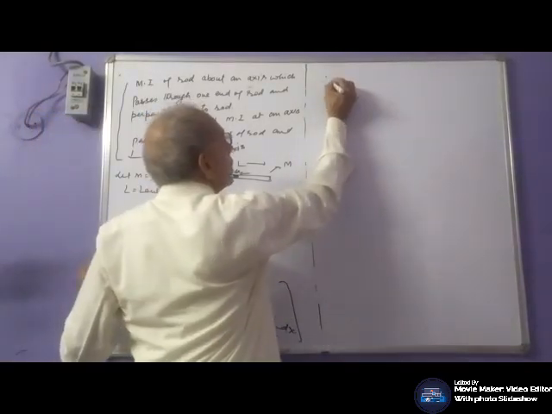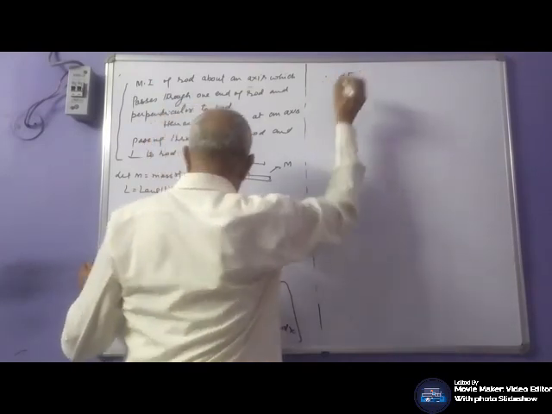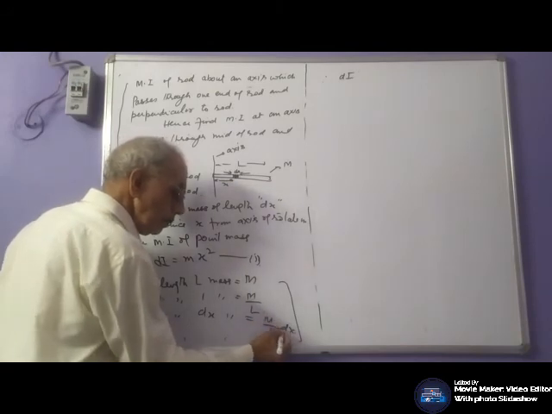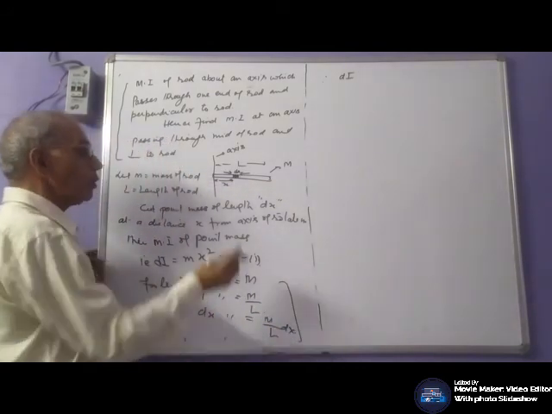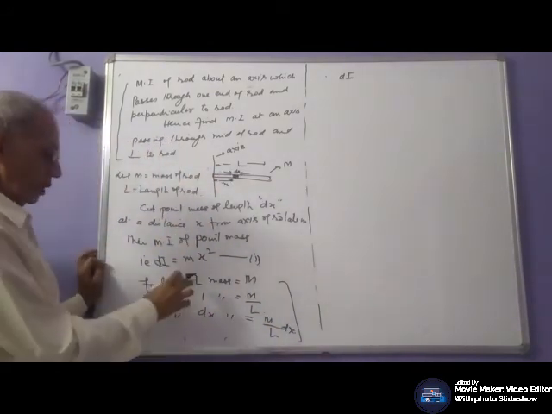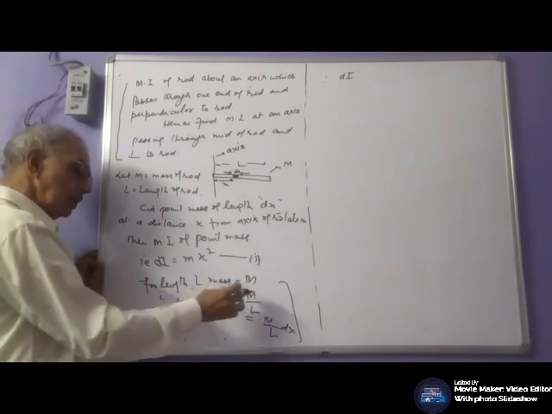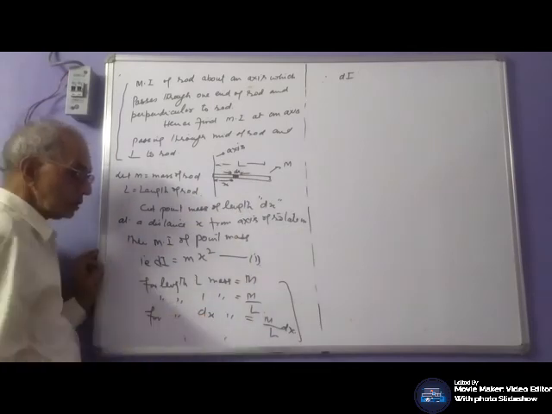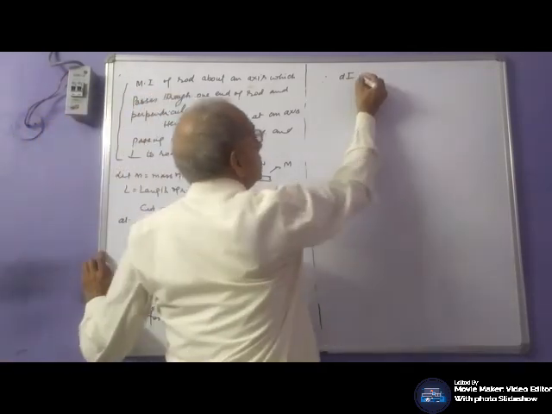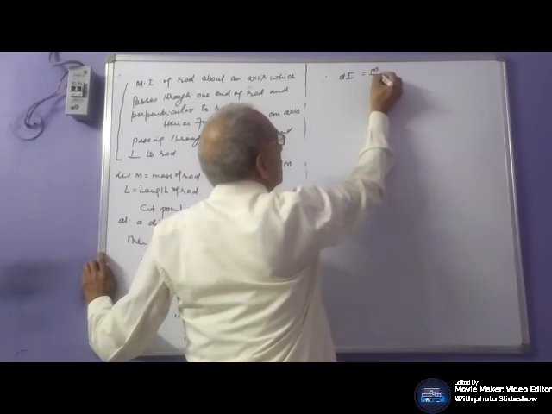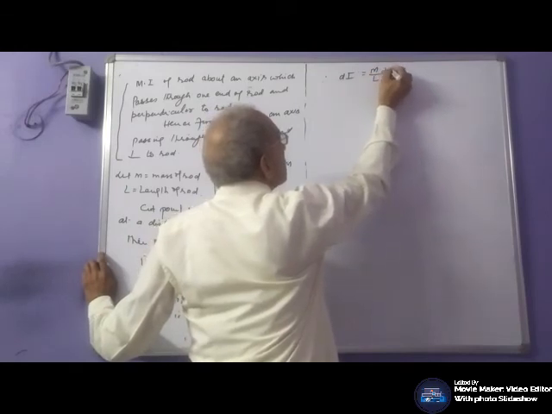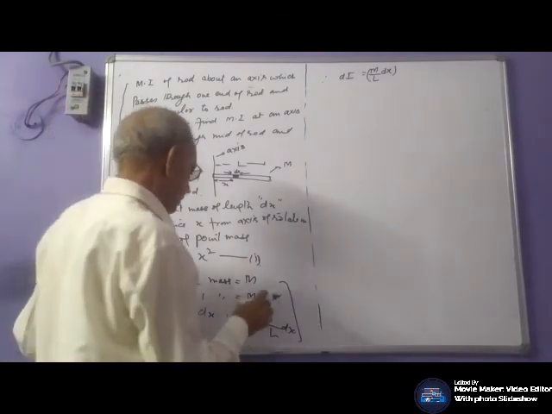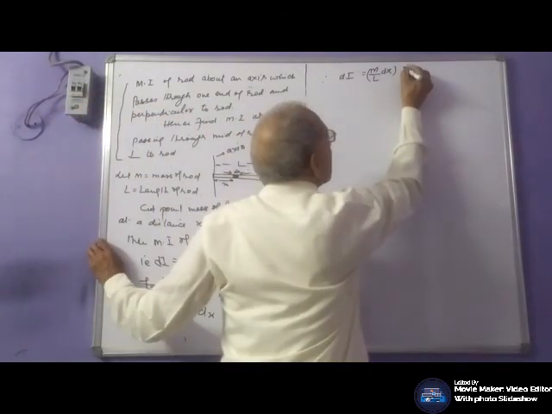Therefore, dI becomes... what did we do? What did we find? Small m, the mass of the point mass: total length L has mass M, so M by capital L. How much length was cut? dx. So it is M by L dx into x square.